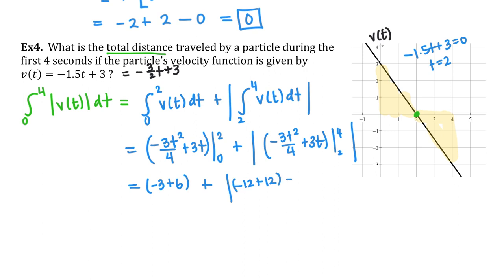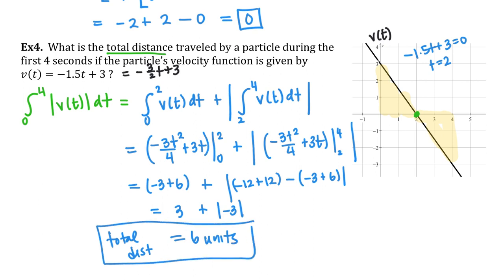Interesting. Minus, let's plug in 2. Already plugged in 2. It's negative 3 plus 6, which is 3, and then this all turns into negative 3, but I'm going to absolute value it. So 3 plus 3 is 6. So the total distance is 6 units of something. They didn't tell me the units.